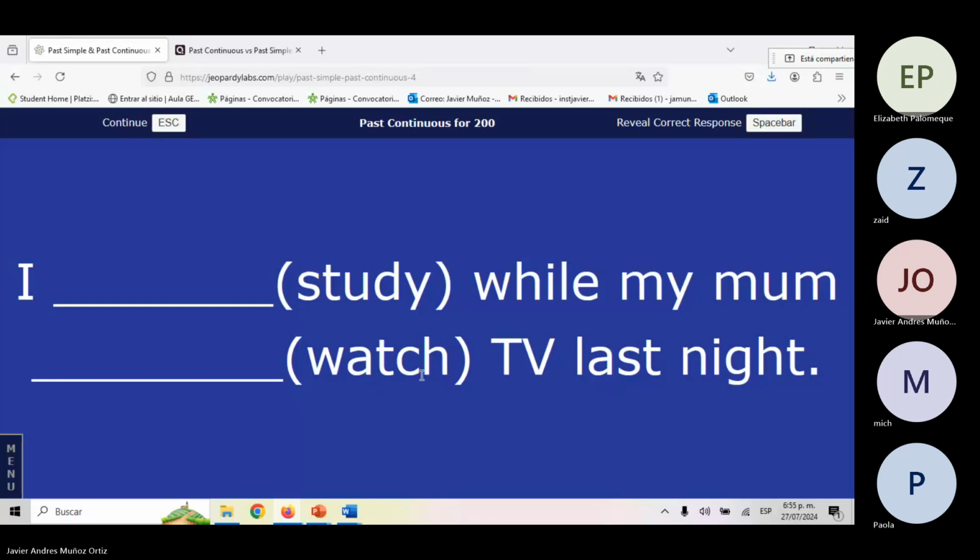¿Está? So, how do you say está, estamos, estaba, estar in past? I was studying while my mom, ahí sería otra vez was, was watching TV last night.